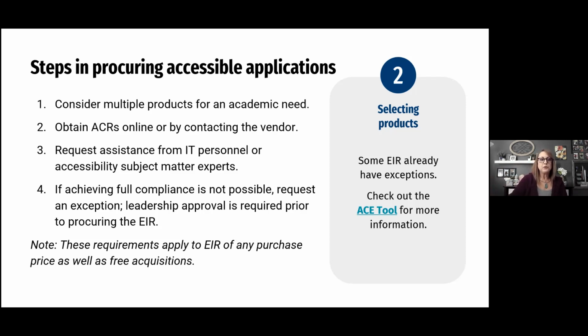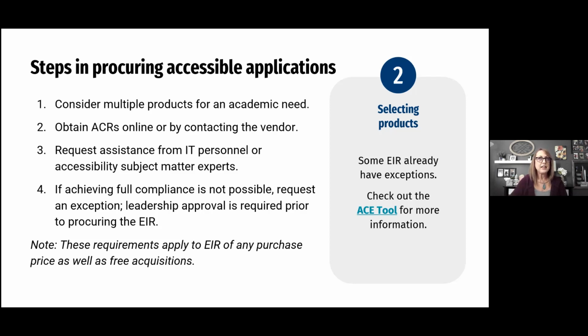If achieving full compliance is not possible, then you would need to request an exception. There are some categories of products at Texas A&M University that have blanket exceptions. Those are things used for security, or things used by a small team that has a low risk associated with it.